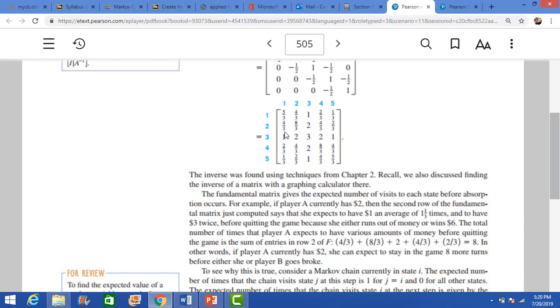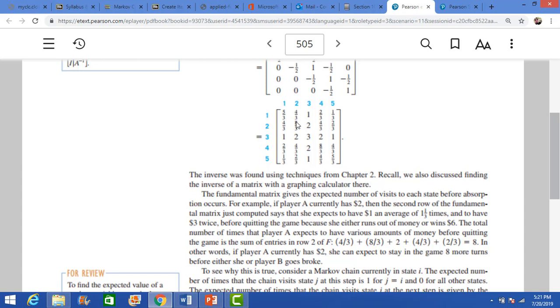For example, if player A currently has $2, then the second row of the fundamental matrix just computed says that she expects to have $1 on average 1 1/3 times before losing all her money. And she'll have $3 twice.